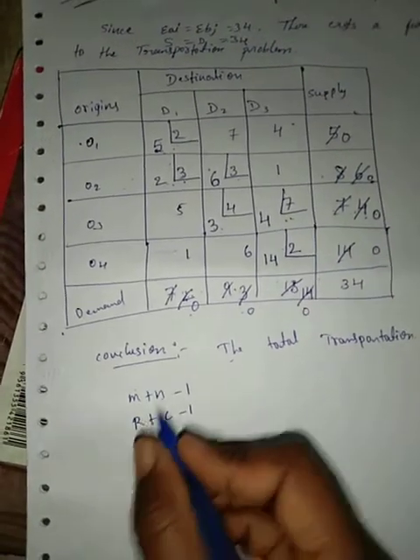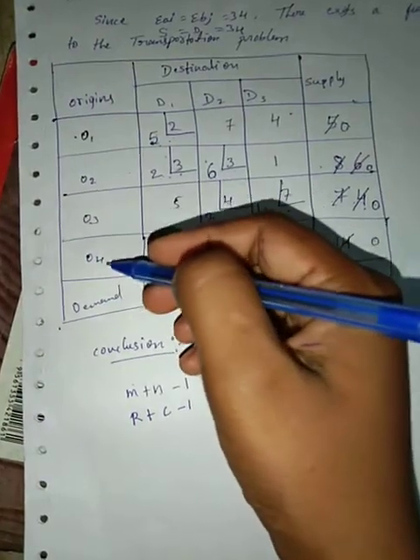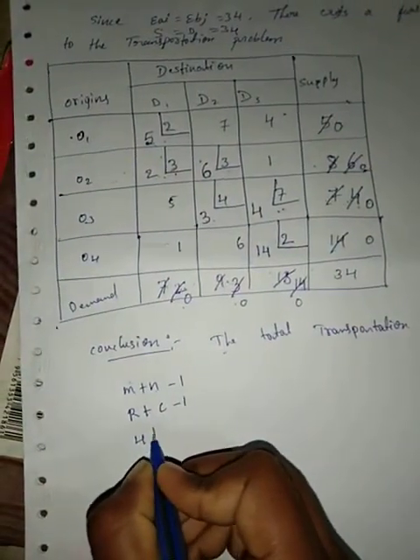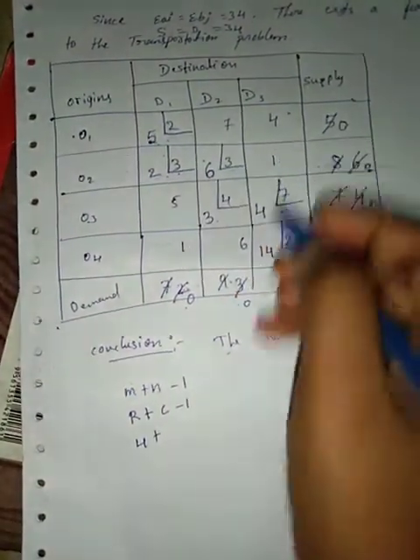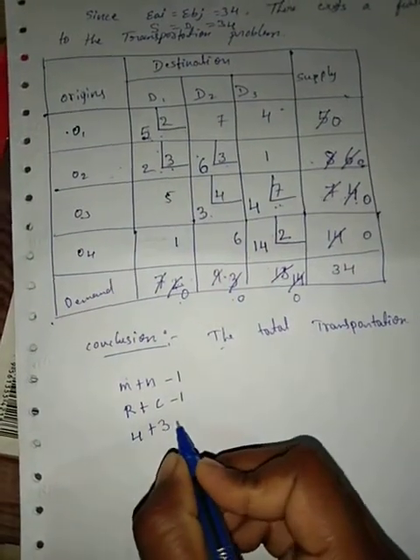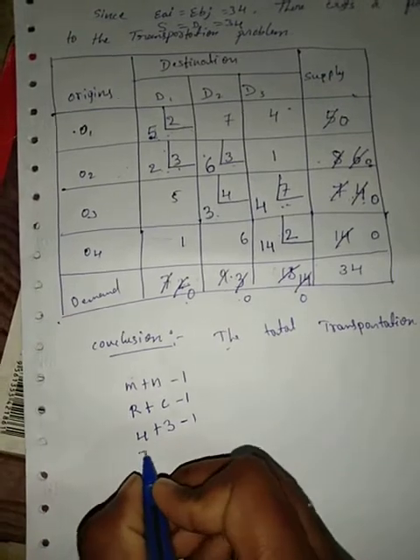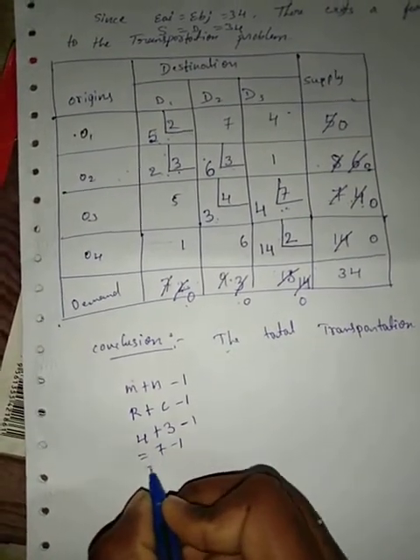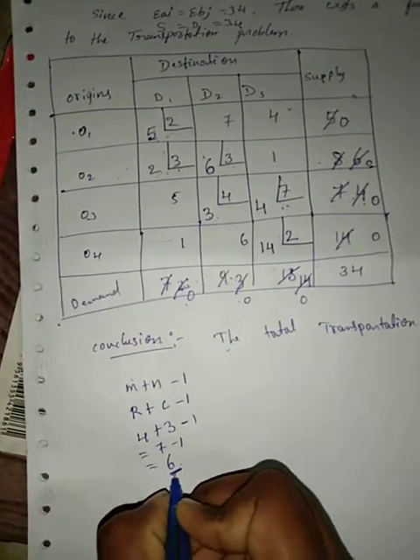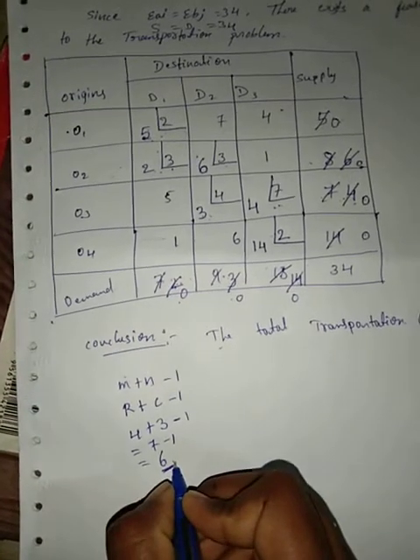So 4 rows and 3 columns, 4 plus 3 minus 1, that is 6. So there are 6 independent non-negative allocations.